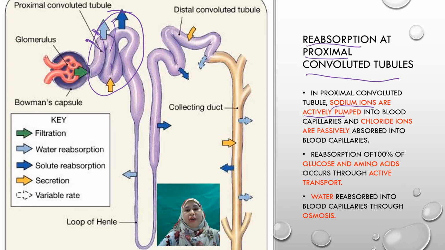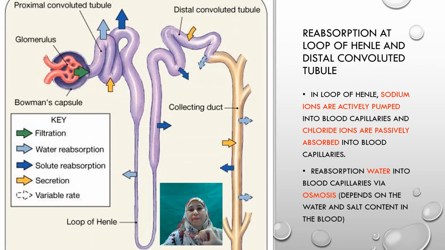The chloride ions are passively absorbed into the blood capillary, also going out but using passive transport. The reabsorption of glucose and amino acid occurs through active transport. And the last one, water will also be reabsorbed from the proximal convoluted tubule to the blood capillary via osmosis.